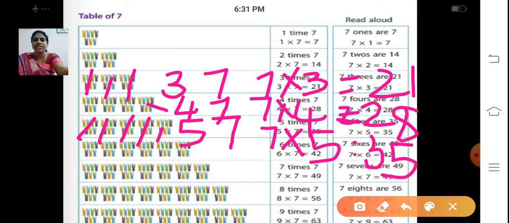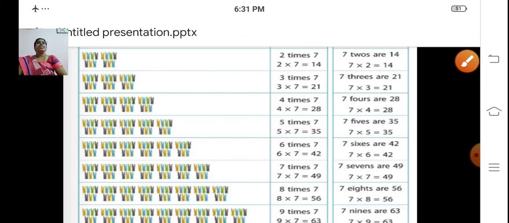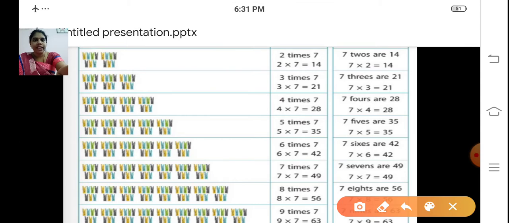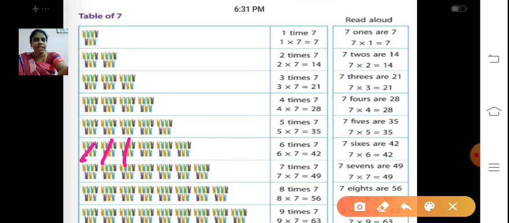So 7 fives are 35. 7 ones are 7. 7 twos are 14. 7 threes are 21. 7 fours are 28. 7 fives are 35.